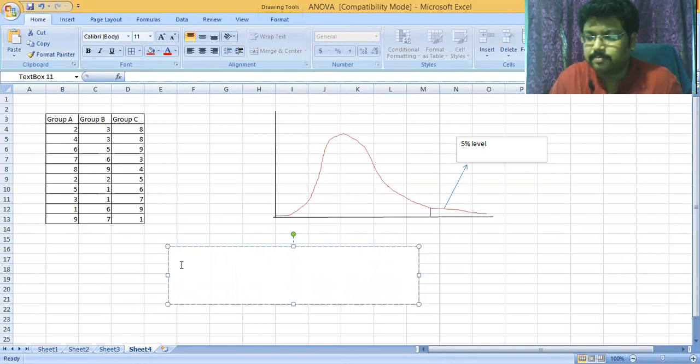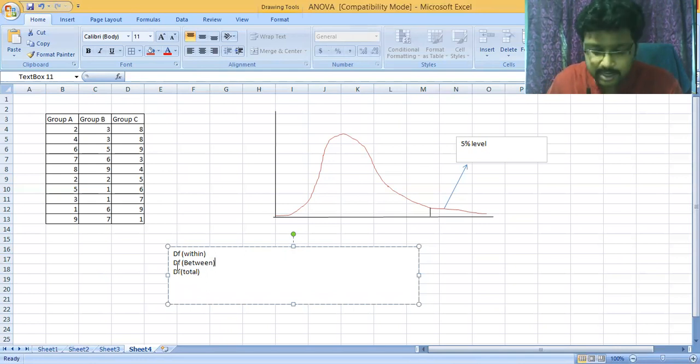Suppose degrees of freedom within, degrees of freedom between, the group within the sample, and degrees of freedom total.